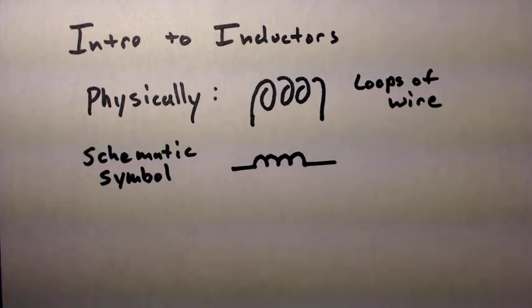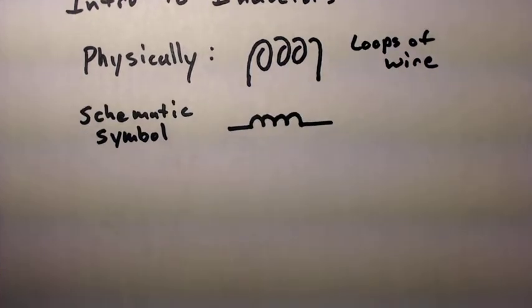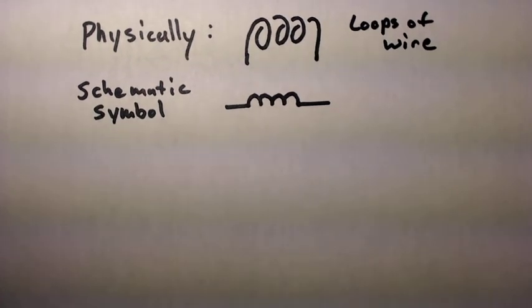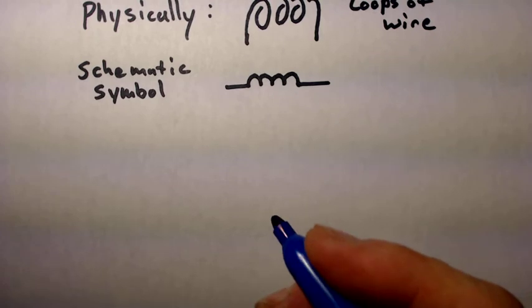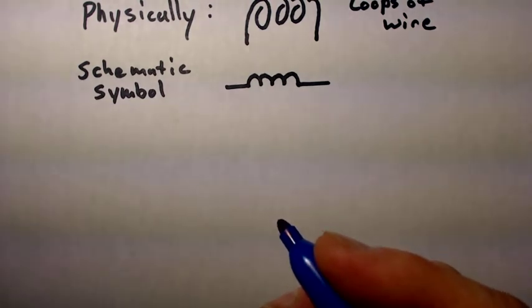Now, first, let me go ahead and make a statement about resistors, and then I'm going to make a similar type of statement about inductors. For this, I'm going to be speaking about the property. Remember that for a resistor, the property that it exhibits a lot of is resistance.